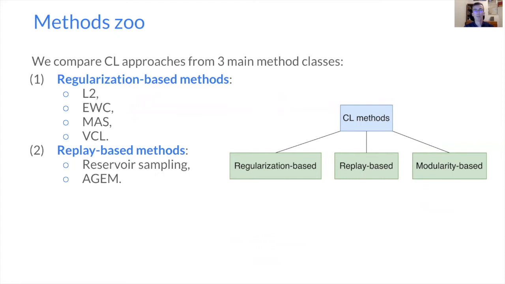In replay-based methods, part of the data from previous tasks is saved and then periodically is used again in the training. In modularity-based methods, parameters corresponding to different tasks are separated so they don't interfere with each other.